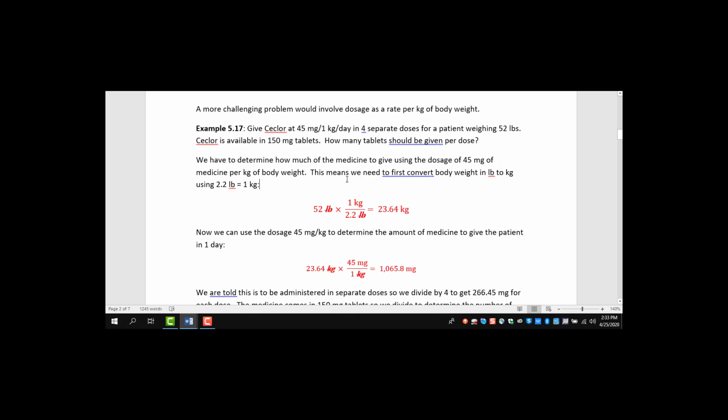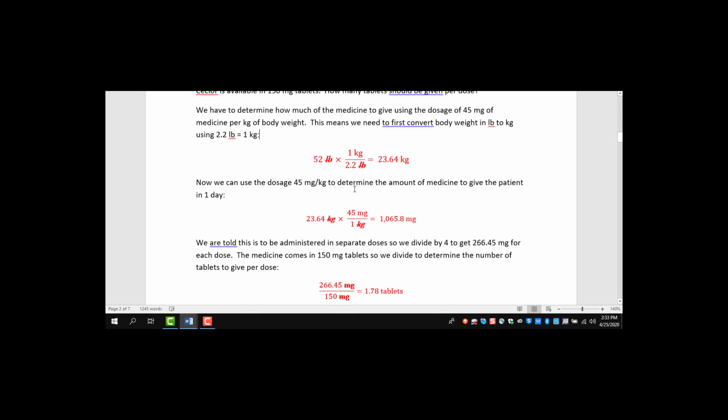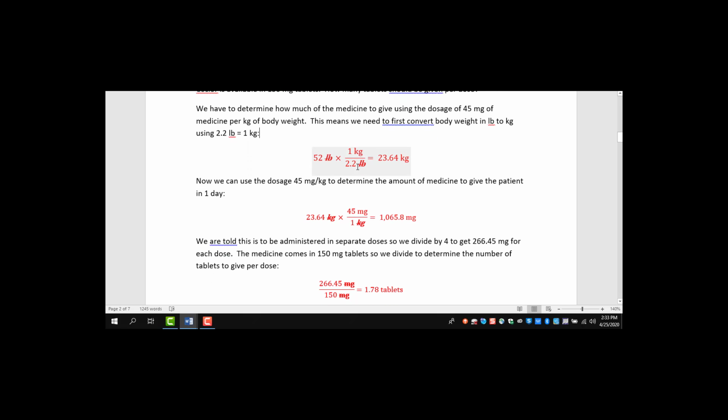We'll do that by dimensional analysis, converting pounds to kilograms. So there's the conversion factor right here. Dimensional analysis, the pounds cancel. It's basically 52 divided by 2.2, and I get that many kilograms. So a 52-pound person weighs 23.64 kilograms.